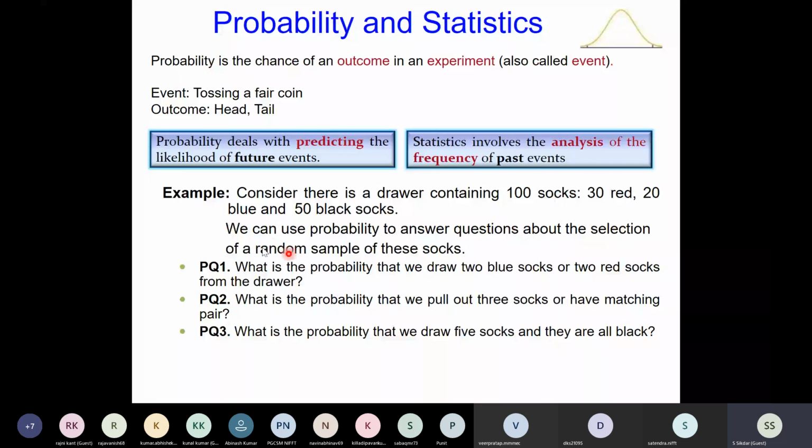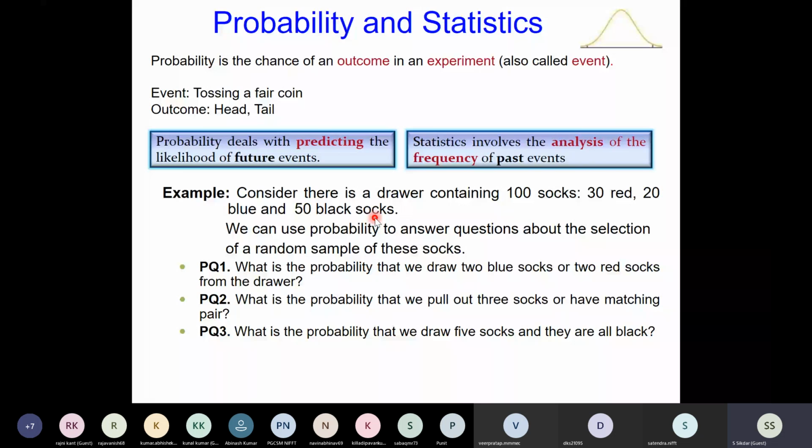Now, if I say that there is a drawer which has 100 socks, 30 red, 20 blue and 50 of another color, there can be a different distribution. I can mix them. We can use probability to answer questions about the selection of a random sample of these socks. What is the probability that we draw two blue socks or two red socks from the drawer?